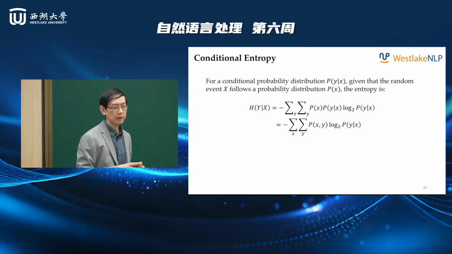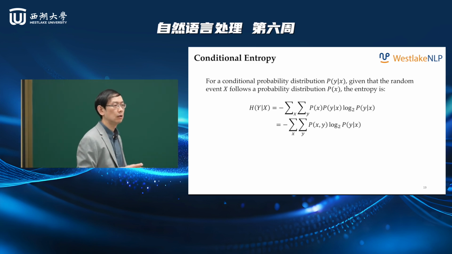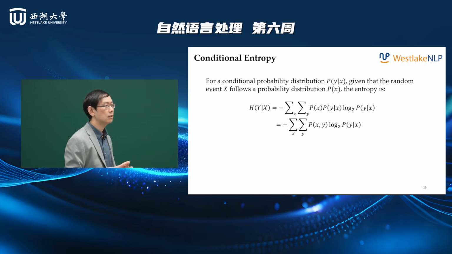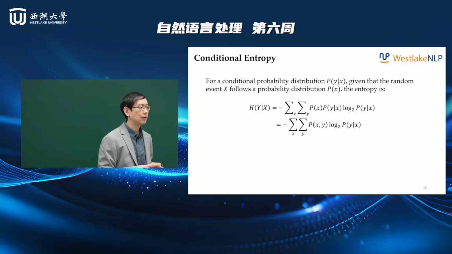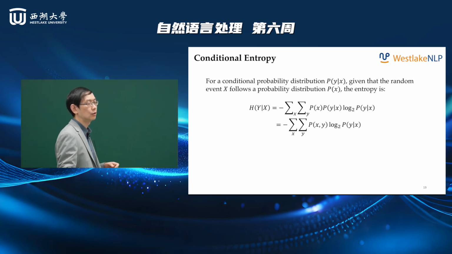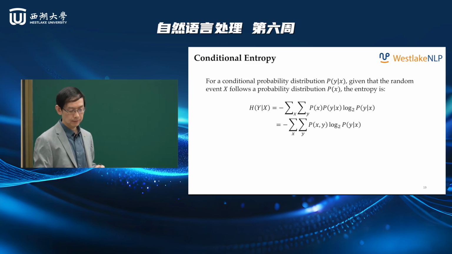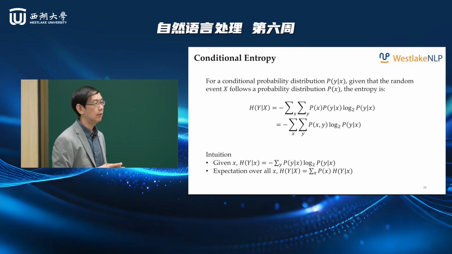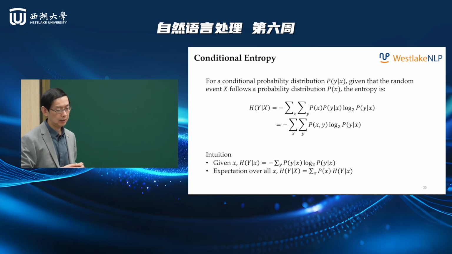This is called conditional entropy. But some of you will ask me, why is it not the sum over all x and y of p(y|x) times log 2 1 over p(y|x)? Why is it p(x,y)? I have an explanation.